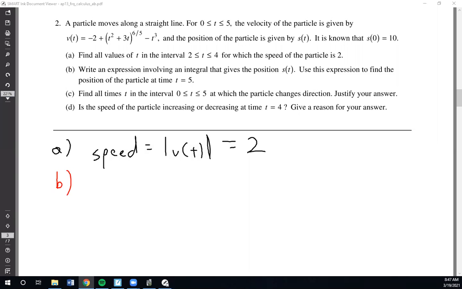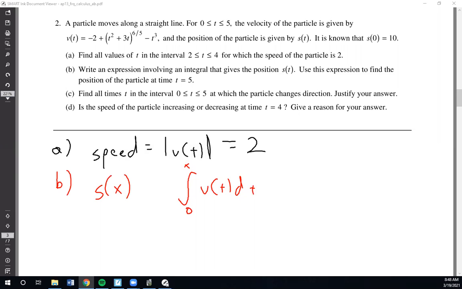Part B. Write an expression involving an integral that gives a position function. So the position function, since we have velocity in front of us, should involve an integral of velocity. And since we're starting at 0, we're going to go from 0 up to wherever we want the position at. That tells me how far away we are from where we started.